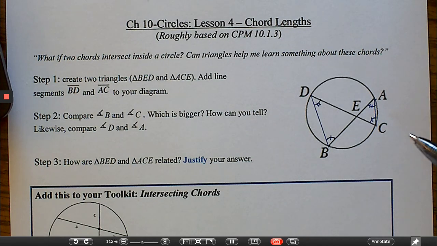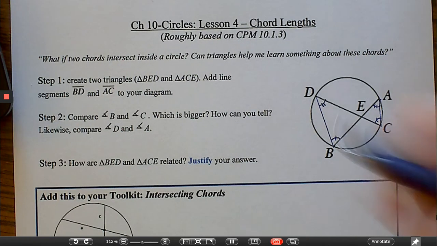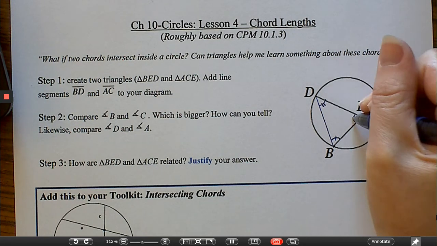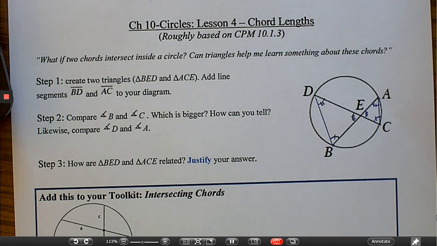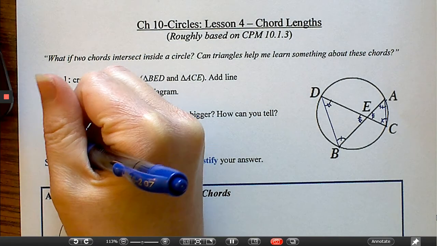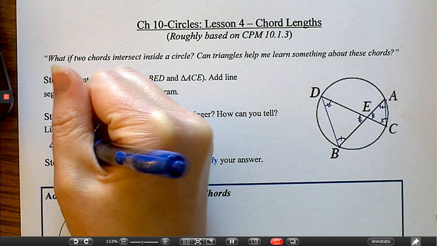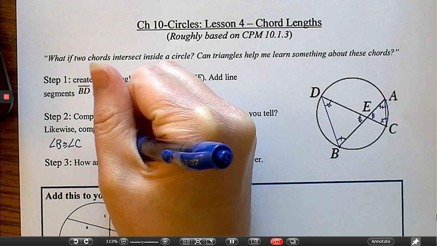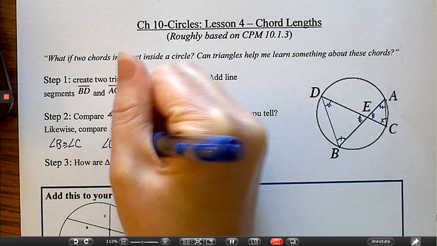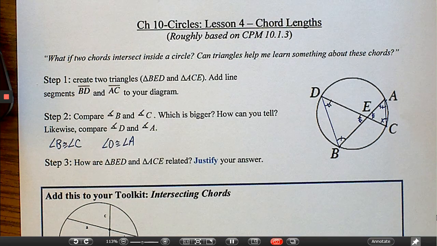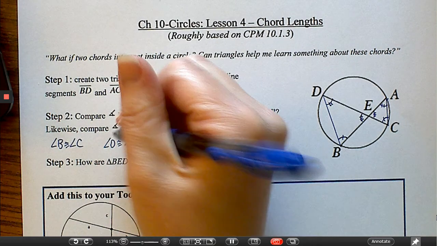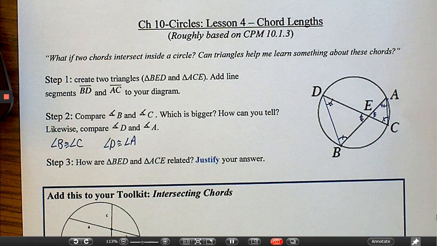I can say that angle B is congruent to angle C, and angle D is congruent to angle A, because their inscribed angles intercept the same arc.